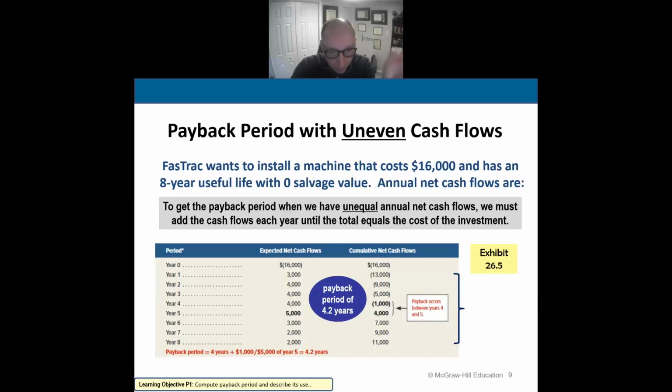We see 4.2 years. 4.2 means 4 years and 2 months. So that's one way of looking at it. I prefer to just use Excel. Just run it out in Excel. Easy.